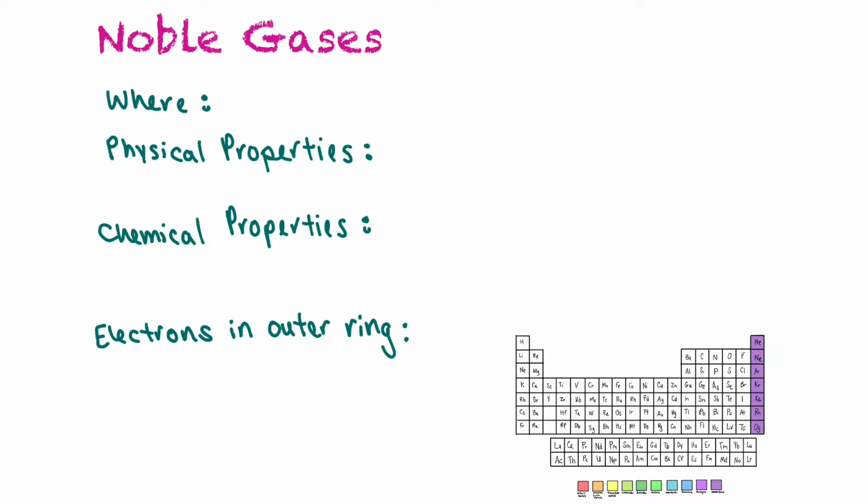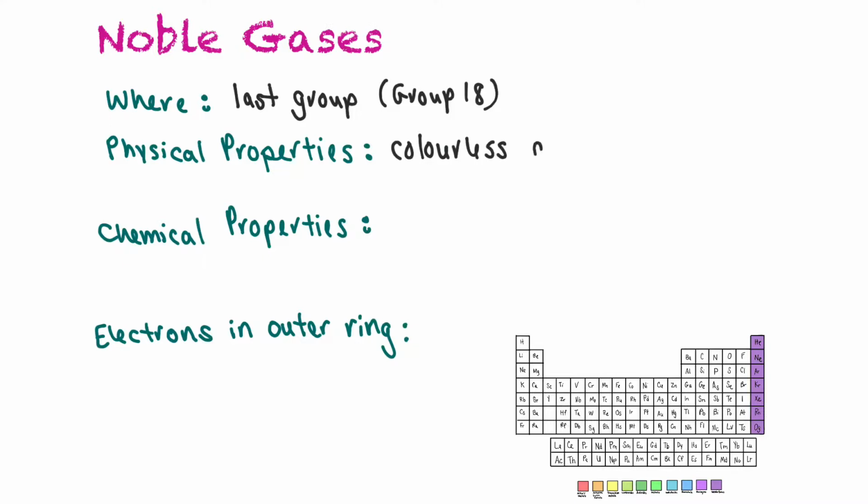The noble gases are found in the last group, also known as group 18. Their physical properties are that they are colorless gases.